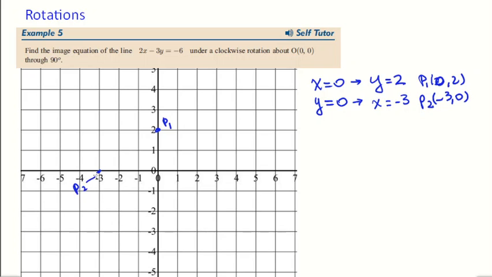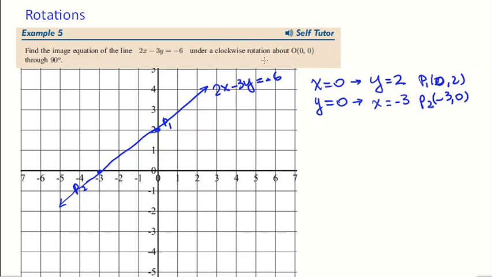And the line is the only line that I could describe which goes through those points. So that's our original line. And that's the line which we are actually rotating. So if I had to write the equation 2x minus 3y equals negative 6, this is the equation that we're talking about.